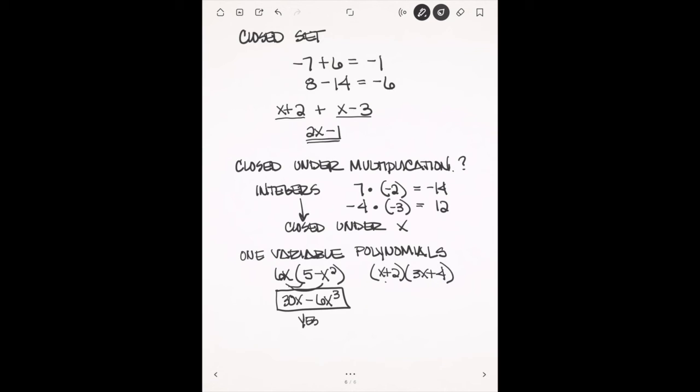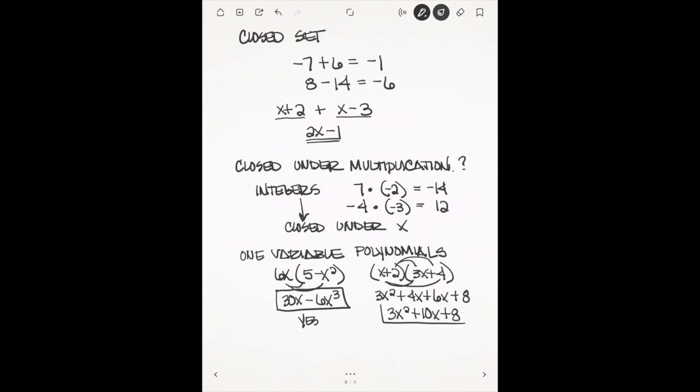Well, when you multiply, you get 3x squared plus 4x plus 6x plus 8. And when I simplify, I get 3x squared plus 10x plus 8.